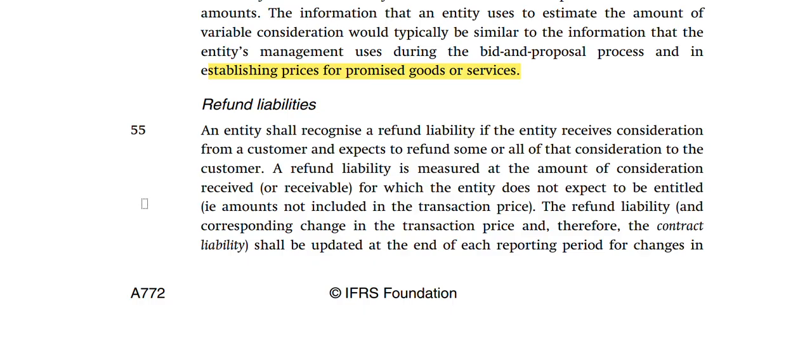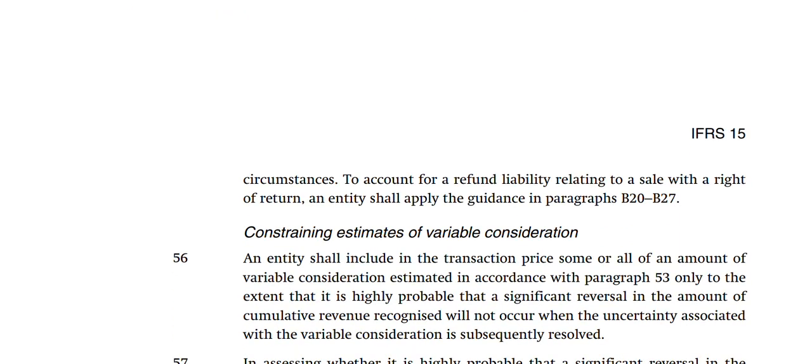The refund liability and the corresponding change in the transaction price, and therefore the contract liability, shall be updated at the end of each reporting period for changes in circumstances. To account for a refund liability relating to sales with a right of return, an entity shall apply the guidance in paragraphs B20 to B27.